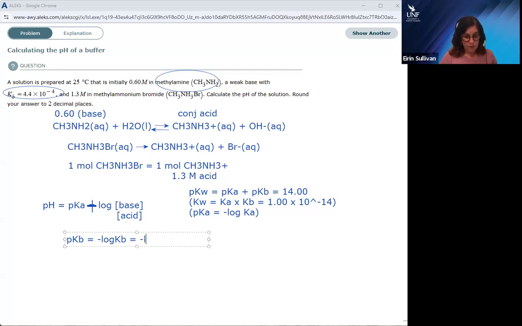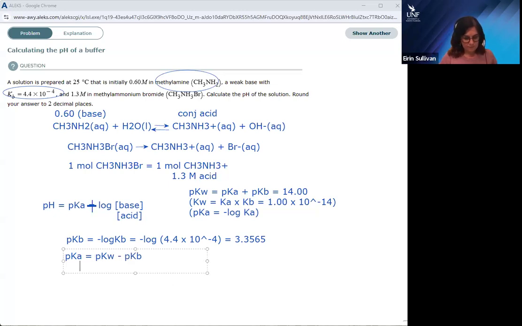So minus log of 4.4 times 10 to the power of minus 4. It's going to come out to be about 3.3 and change, 3.35. That's enough decimal places. Okay, so now I can calculate my pKa for my methyl ammonium cation. That is going to be pKw, which we know is always 14, minus pKb.